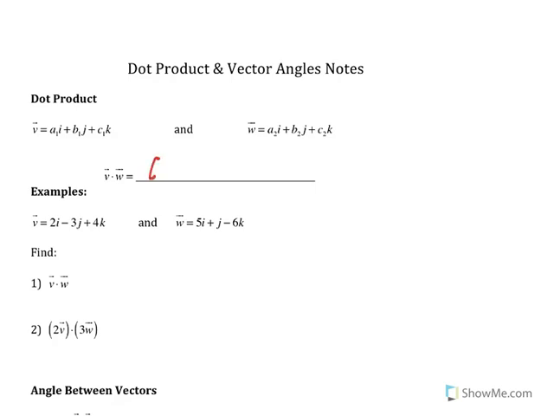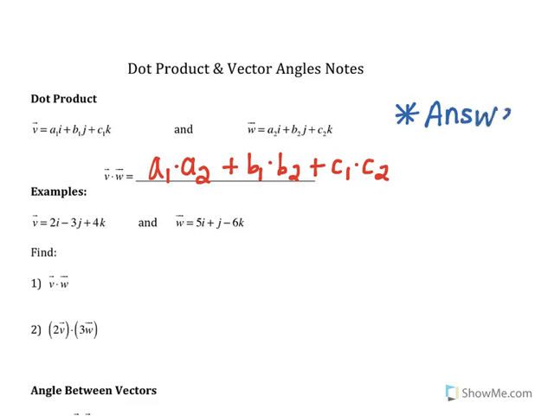We're going to do A1 times A2 plus B1 times B2 plus C1 times C2. Your answer is going to be a number. That is very important.